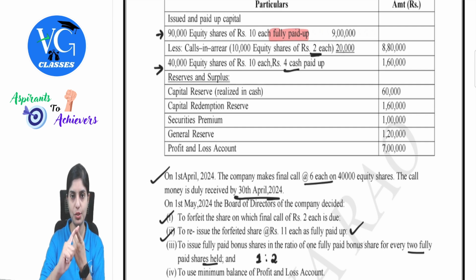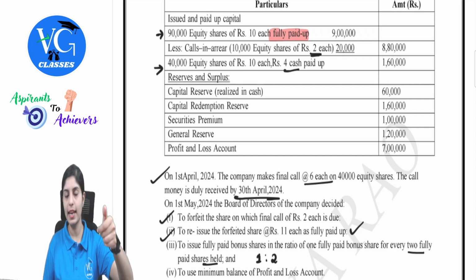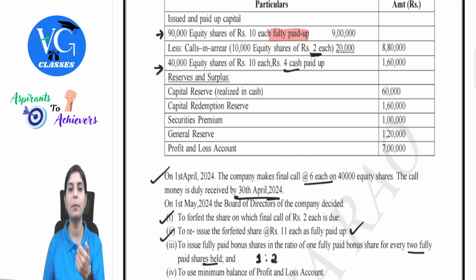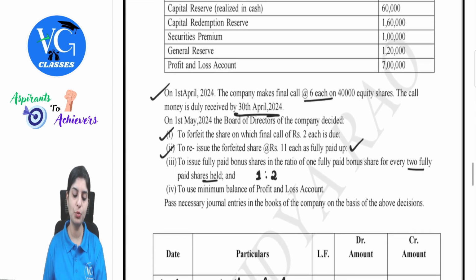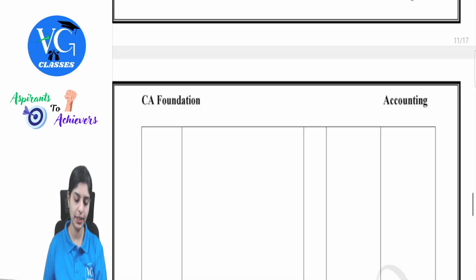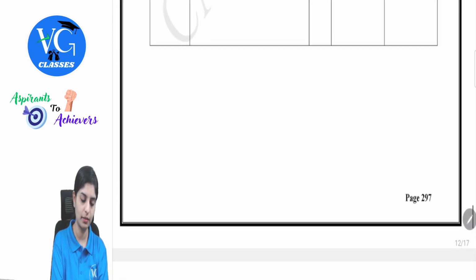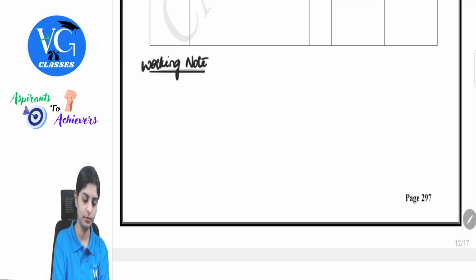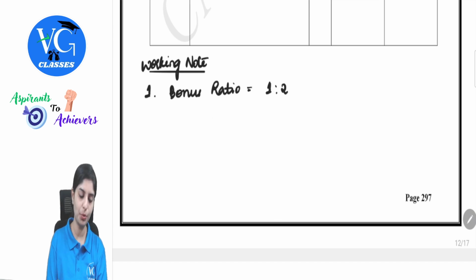See, already there is 90,000 shares. 10,000 was cancelled and again it was reissued. So 10,000 is again back. So 90 plus 10, 1 lakh shares plus 40,000 shares. So if I have to find out the requirement here, for 1 lakh 40 at 10 rupees, bonus issue is 1:2. Let's find out the bonus shares. Bonus ratio 1:2.